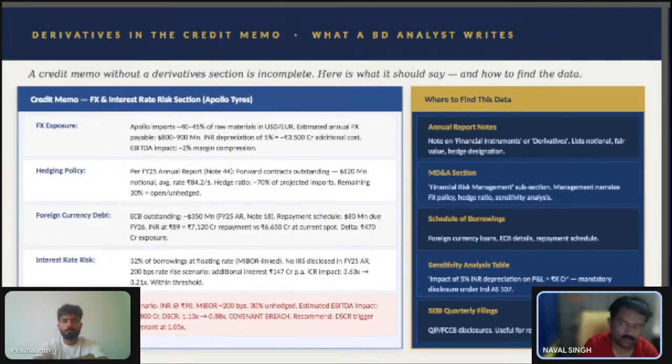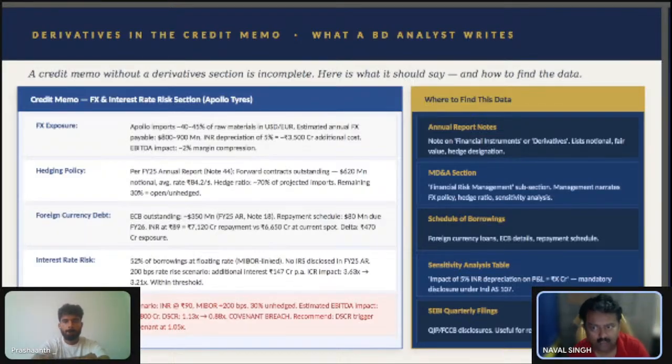But your view is that if they have $1 billion worth of dollars or euros to be paid, and that's the only place they source raw materials from, then any depreciation of currency will hurt them. Number one. Number two, I have gone through the annual report. I did not find any hedging policy. So I feel we should not sign a leasing contract with Apollo, because number one, they already have huge loans.